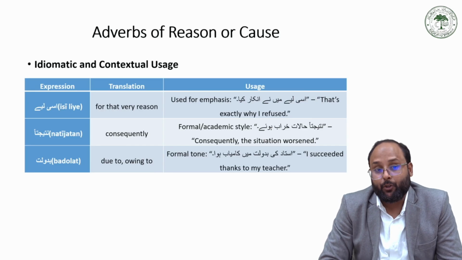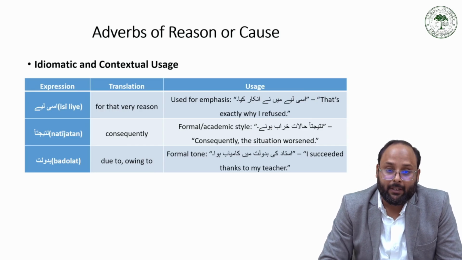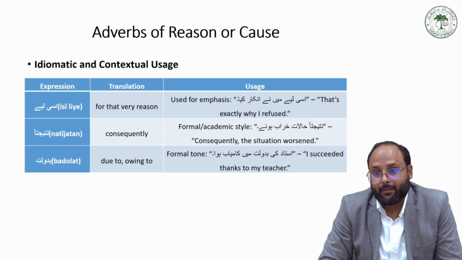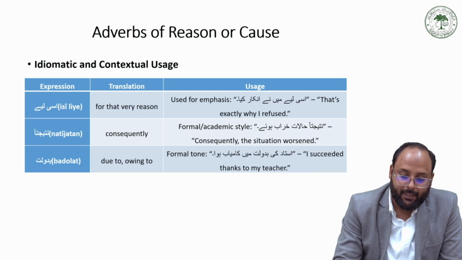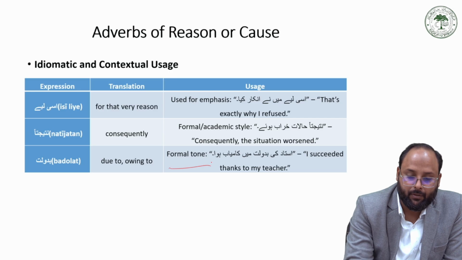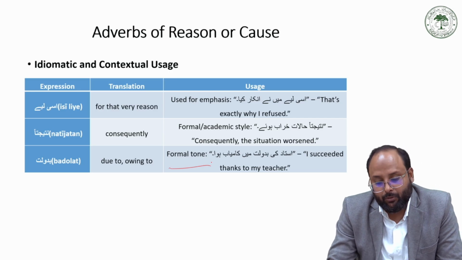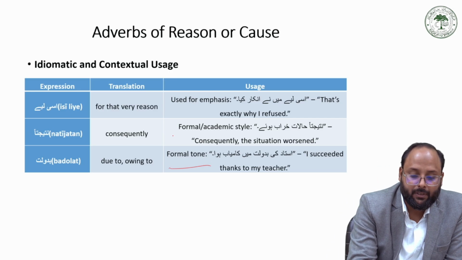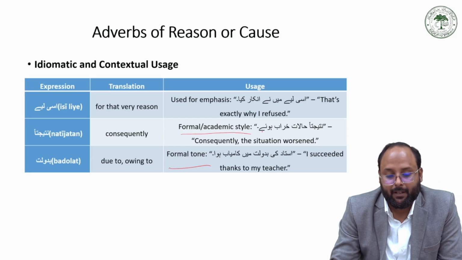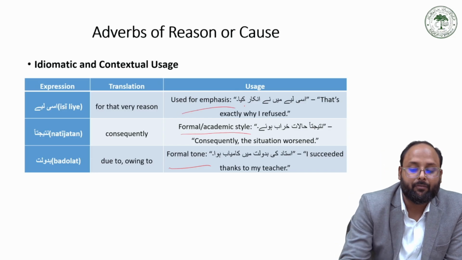It has some idiomatic and contextual use also. इसलिए is used for emphasis, and नतीजतन for academic and formal style, like consequently, नतीजतन हालात खराब हुए. And बदौलत has some formal tone. उस्ताद की बदौलत मैं कामयाब हुआ.